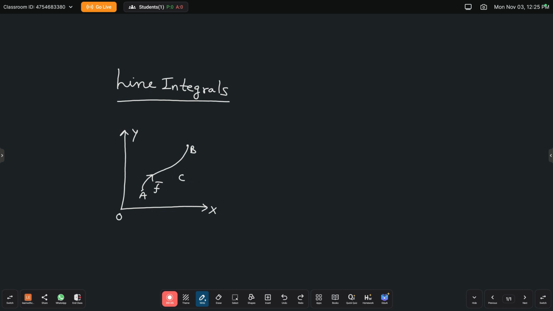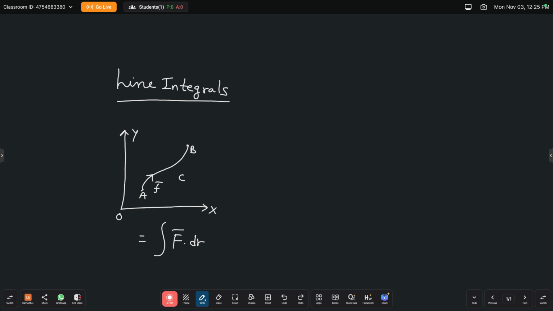The integral taken along this curve is called line integral, and line integral means only single integration. It is defined as the integral of f bar dot dr. F bar is the function or vector defined on this curve, and dr is the displacement along this curve.